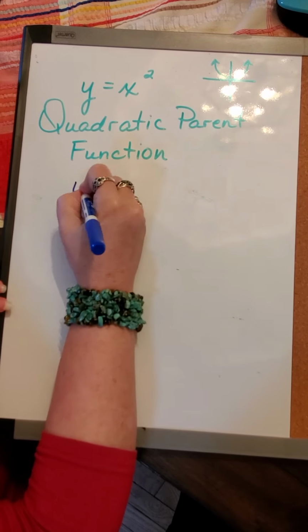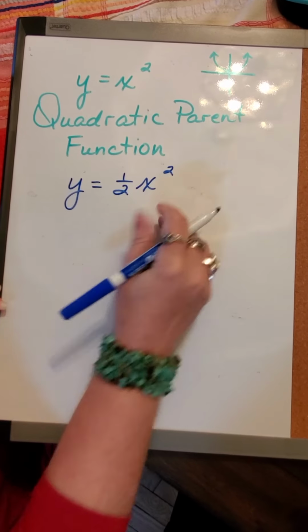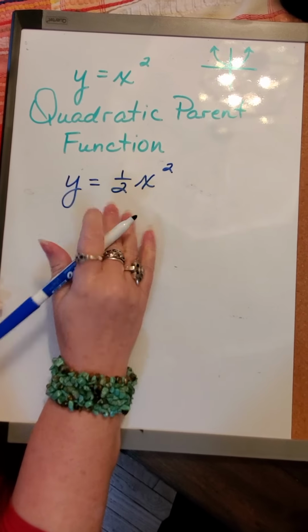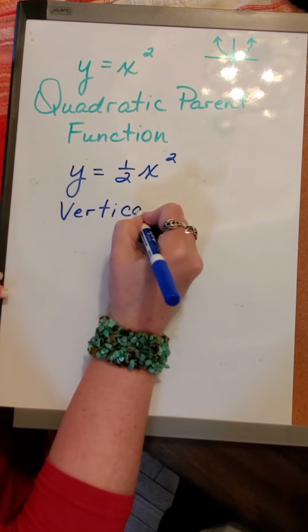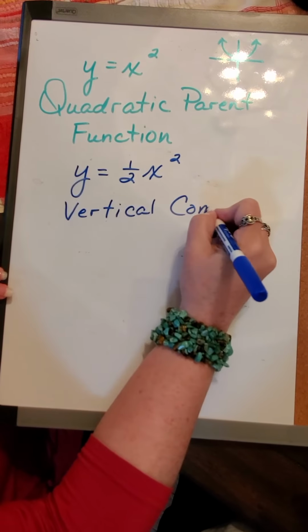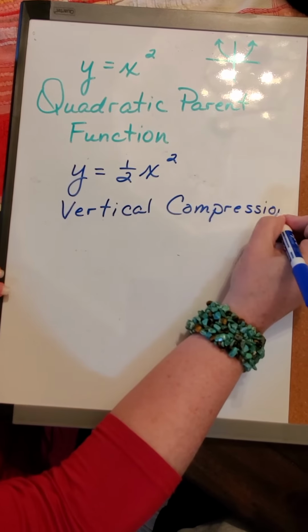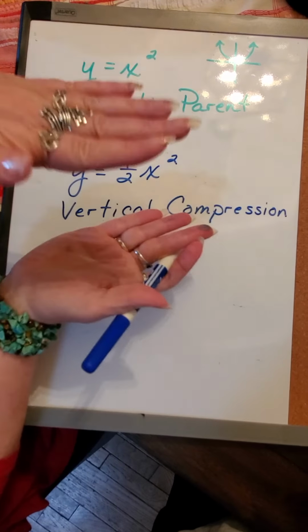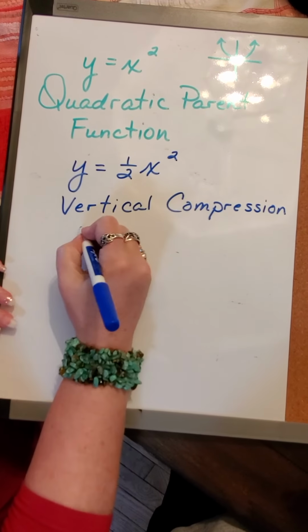Now if I give you y equals 1/2 x squared, this is the opposite of a stretch. This is a vertical compression. Okay, if you press down on something, instead of it getting more narrow, it's going to get wider.